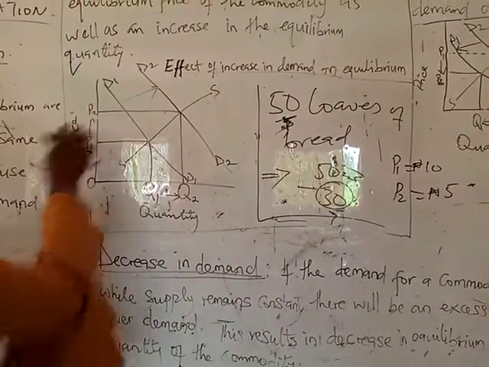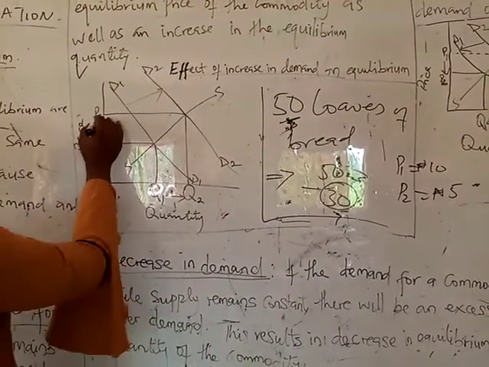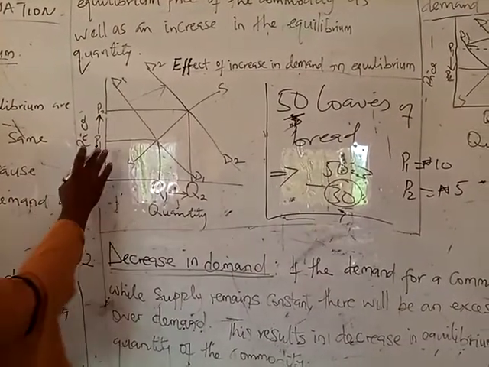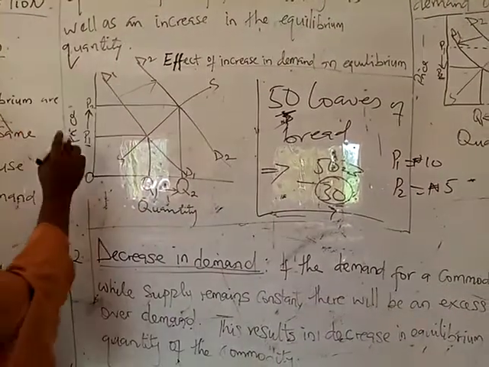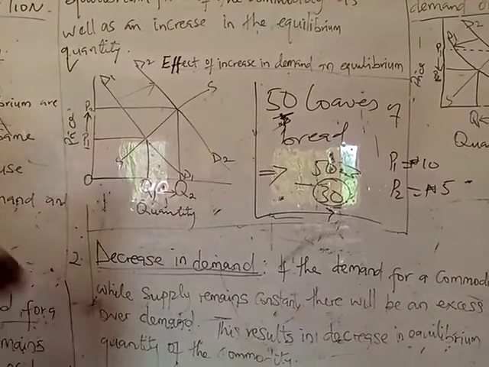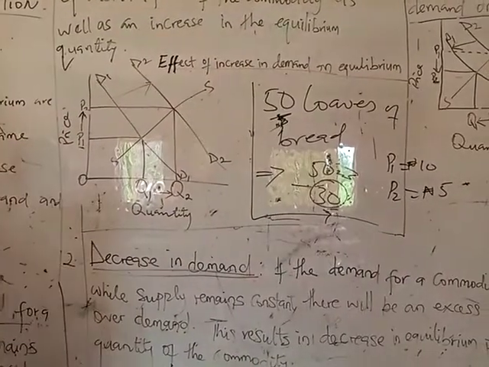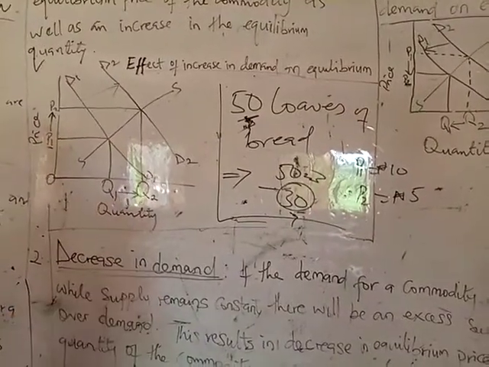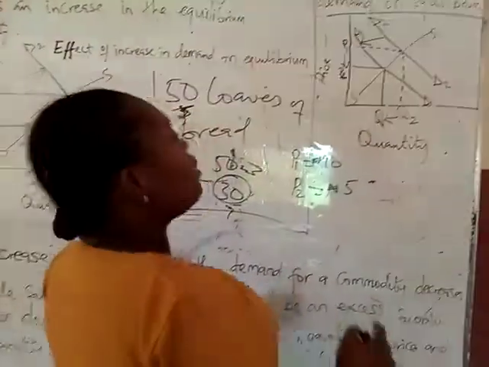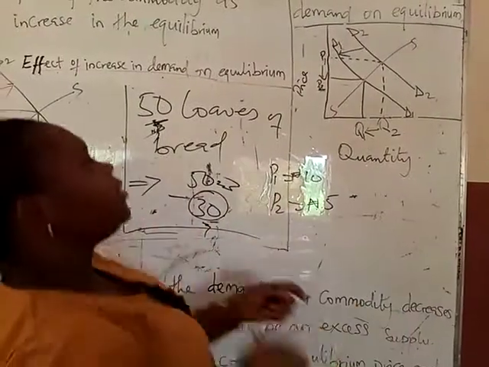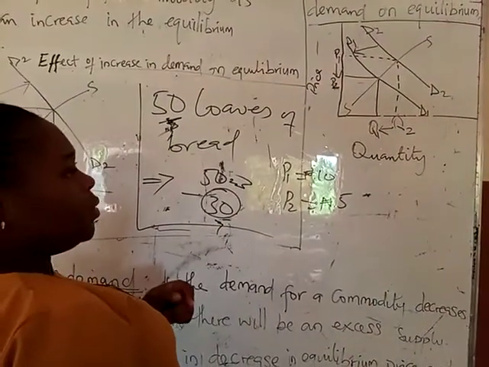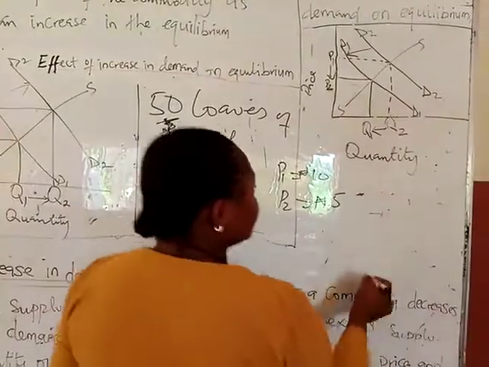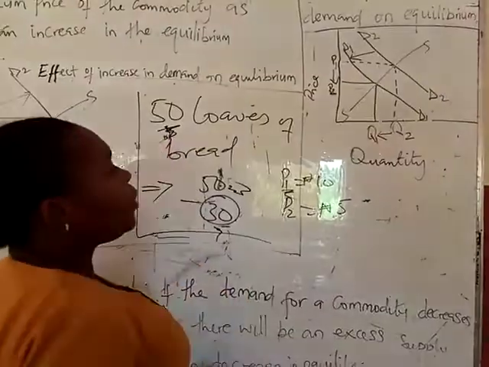With an increase in demand, the price increases from P1 to P2, from old price to new price. But with a decrease in demand, the arrow shifts down, which simply means that the price reduces from P1 to P2.